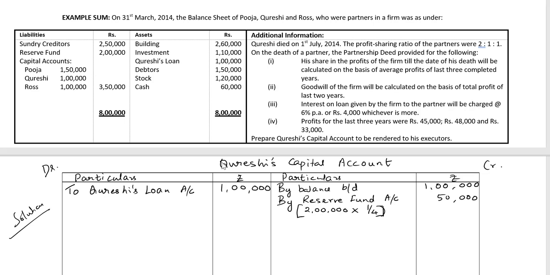Let's deal with the additional information. The first point says his share in profits of the firm till the date of his death will be calculated on the basis of average profits of the last 3 completed years. And the fourth point gives the profits for the last 3 completed years.